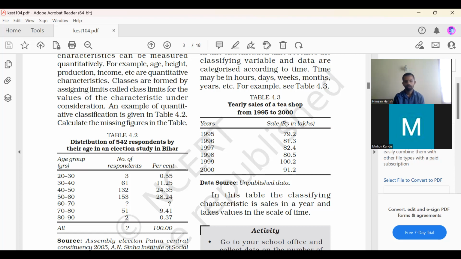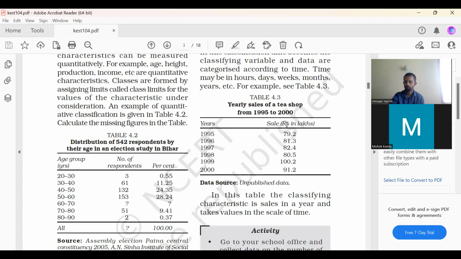It must be something more than 400 for the respondents. We can find out the percentage of the age group of 60 to 70.